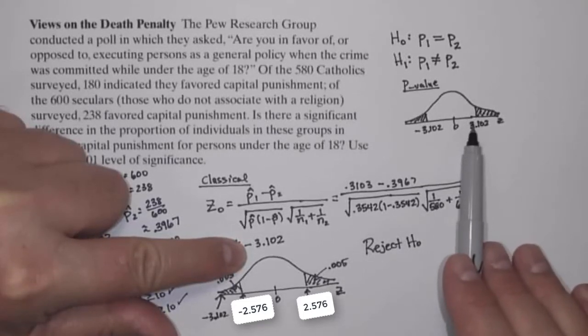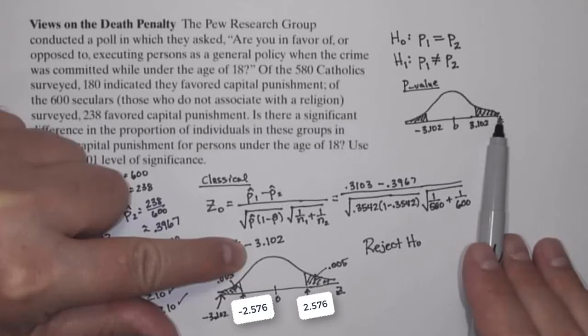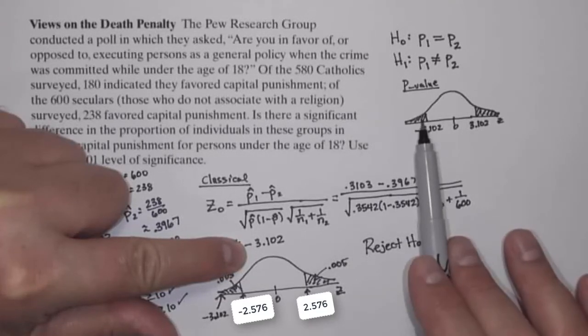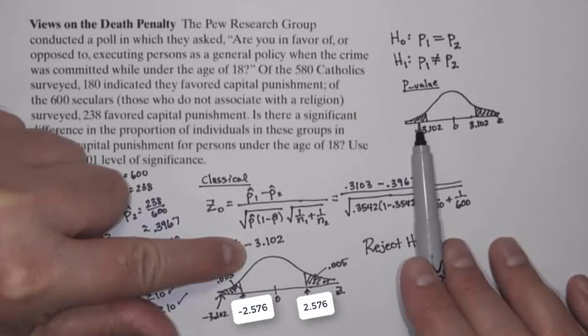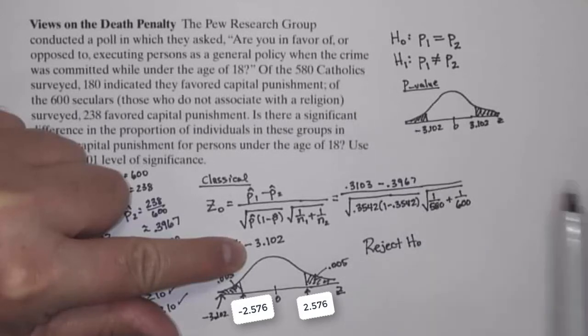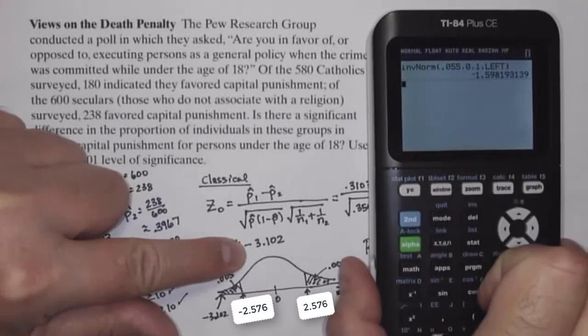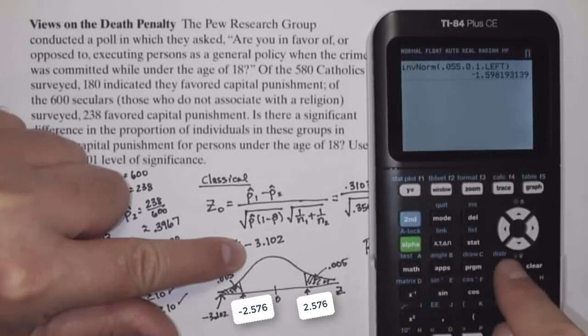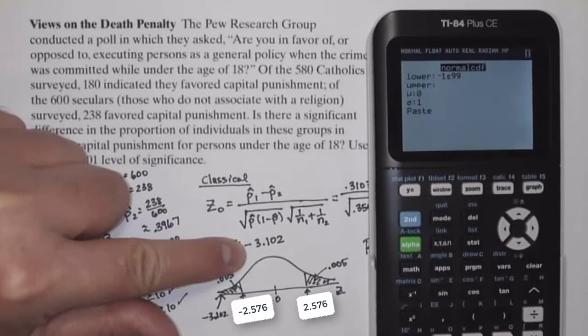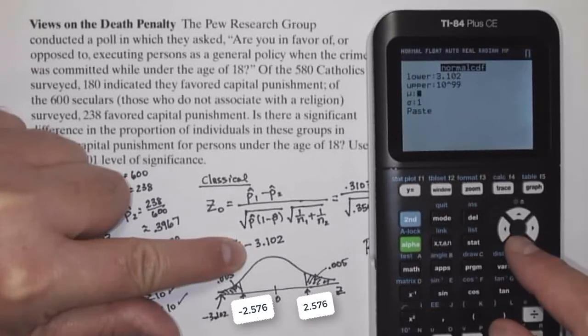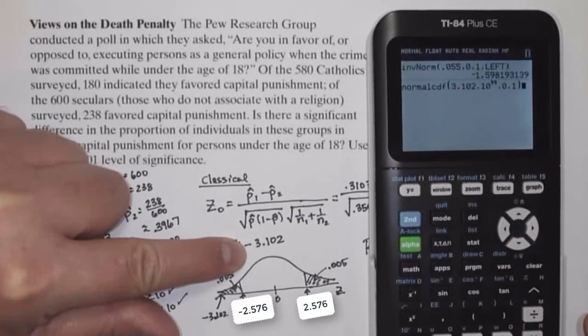So if I find the area to the right of 3.102, then the area to the left of negative 3.102 will be the same, and that will help me determine the p-value. So I go to normal CDF. My lower bound is 3.102. My upper bound is going to be a big positive number. We're dealing with the standard normal, so the mean is 0, the standard deviation is 1.